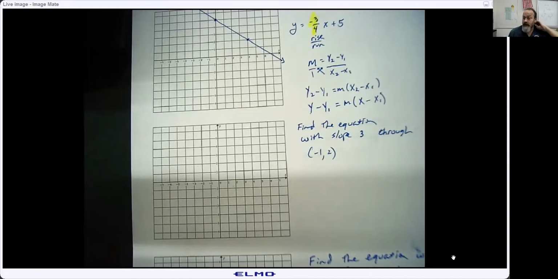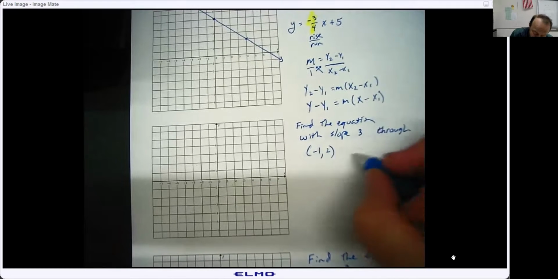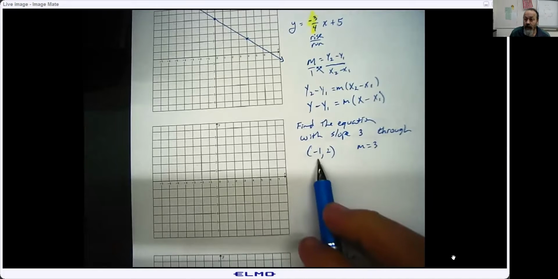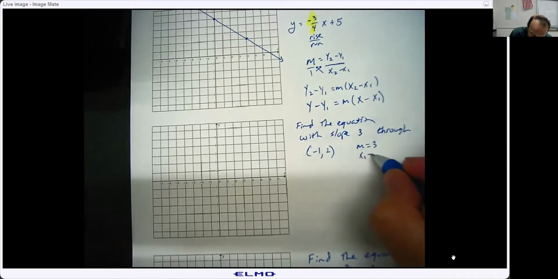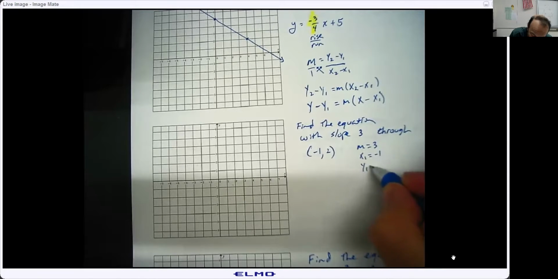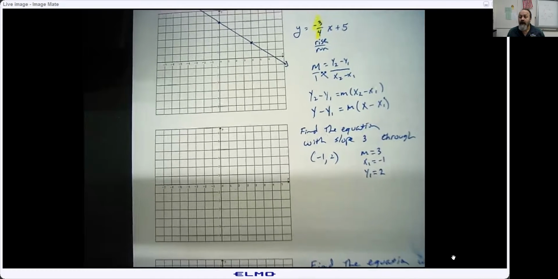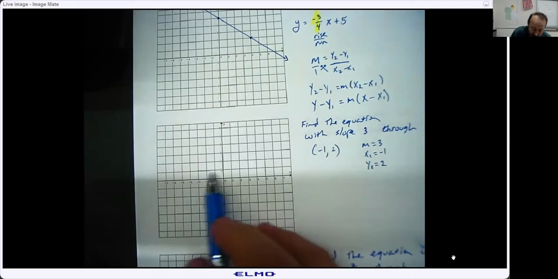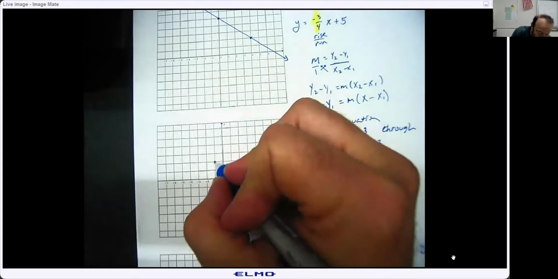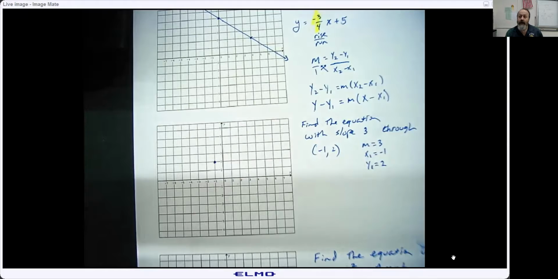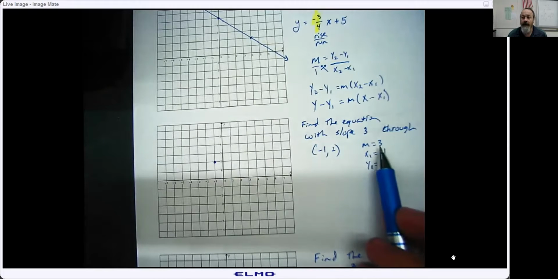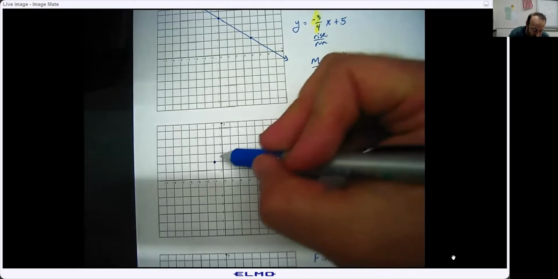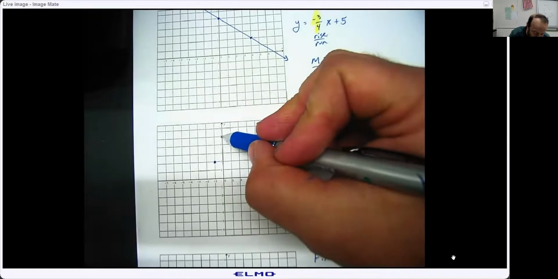So let's find the equation that has a slope of 3. This is saying that the m value is 3, and it goes through the coordinate -1, 2. So x1 is -1, and y1 is the number 2. Now, this kind of bothers people because I think they're used to this idea right here, but if we were to come to the coordinate -1, 2 and put a dot right there, I think very quickly we could see that if the slope is 3, which as a fraction is 3 over 1, I could go up 1, 2, 3 and run 1.